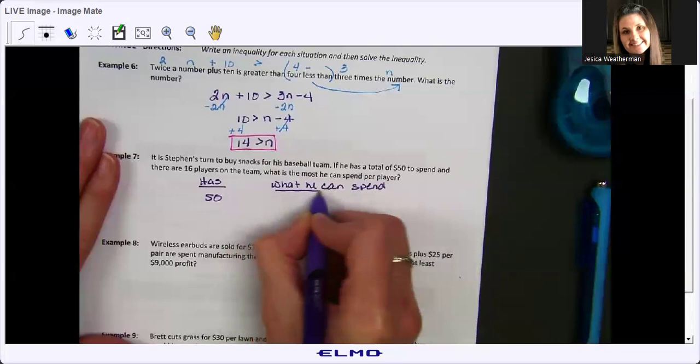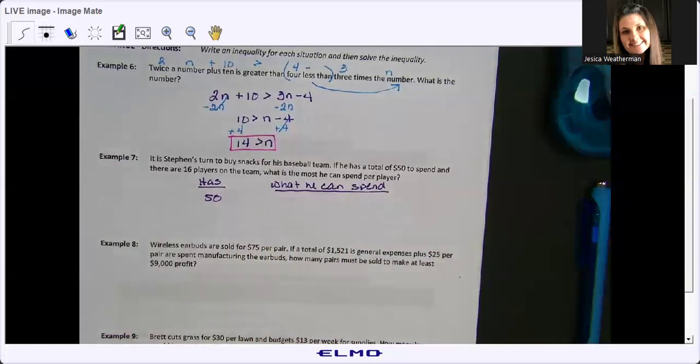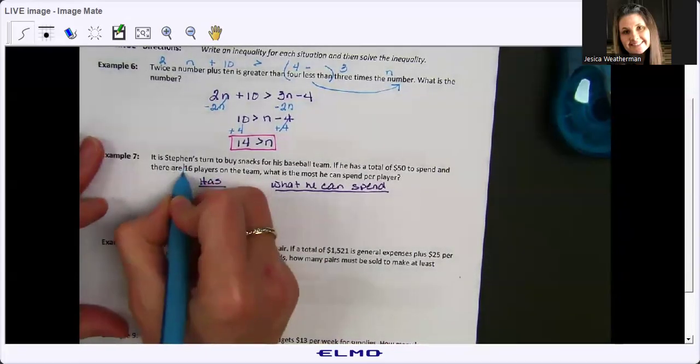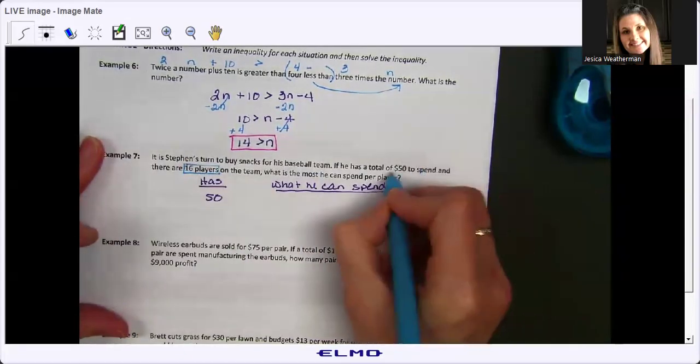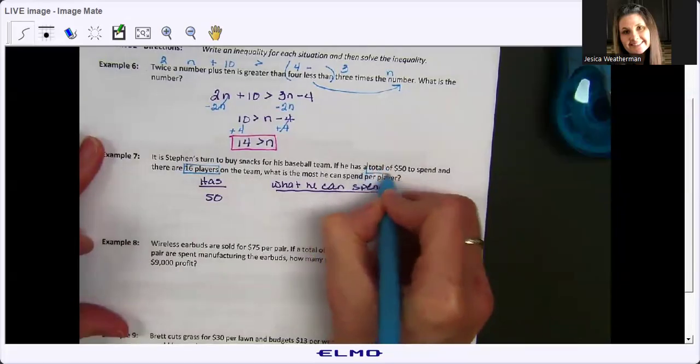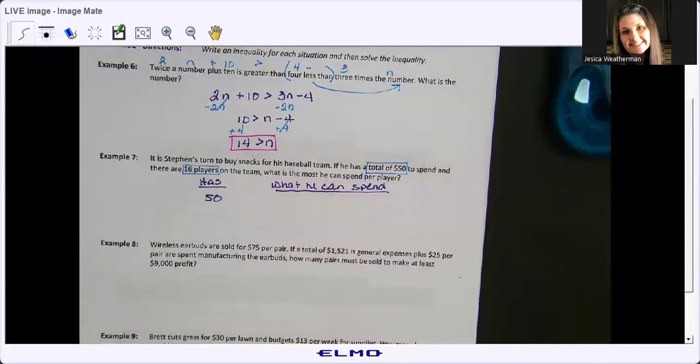We don't know what he can spend yet, but we do need to come up with the expression that represents how we're going to figure out how much he can spend. If there are 16 players on the team, how would we come up with an expression for this right here? Anyone know?